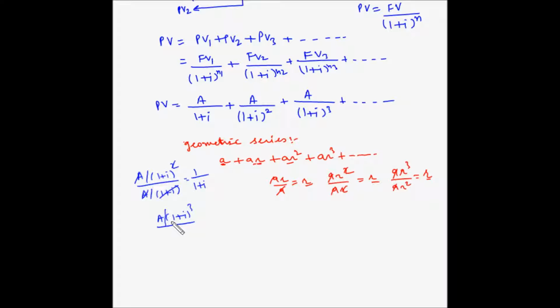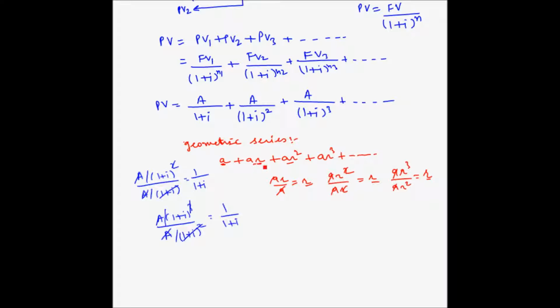A divided by 1 plus I cube, whole divided by A divided by 1 plus I square. So A gets cancelled, this gets cancelled with this, so this is 1 divided by 1 plus I. So here again the ratio of two consecutive numbers is the same. So this present value represents a geometric series.